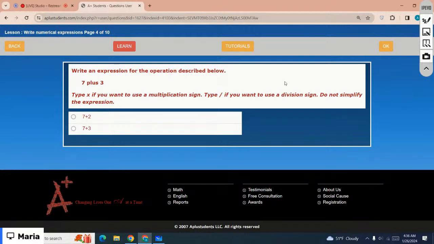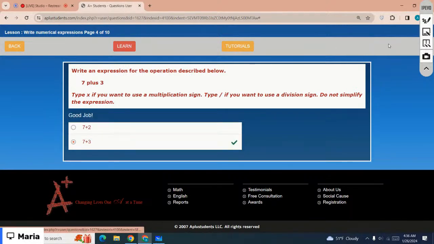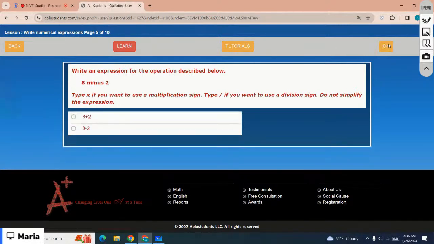Yes, that is the second option. Write an expression for the operation described below. 8 minus 2.